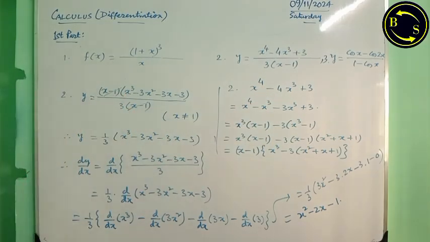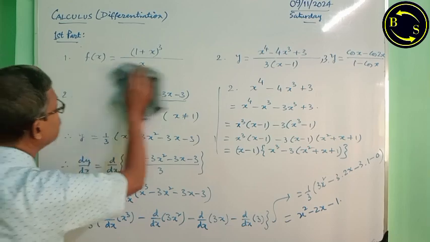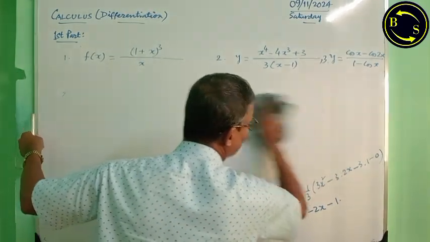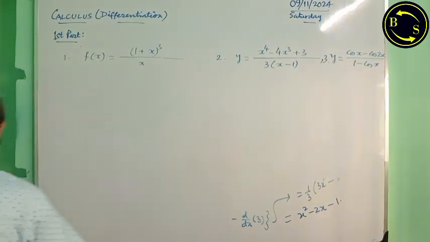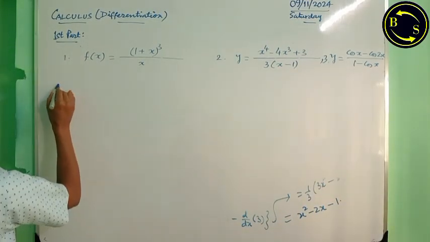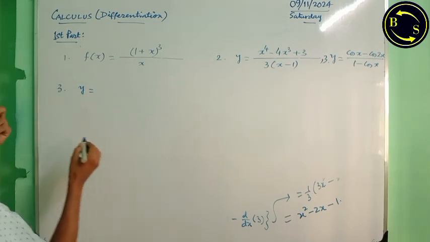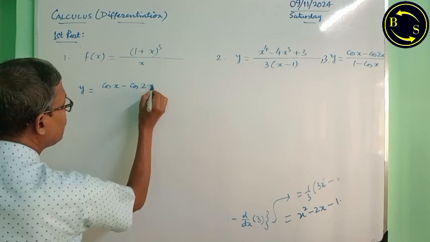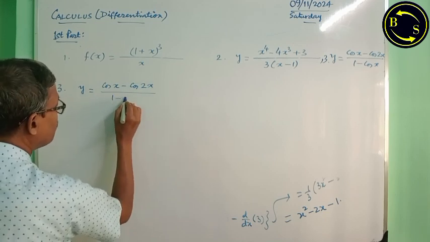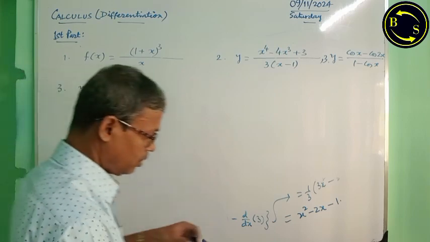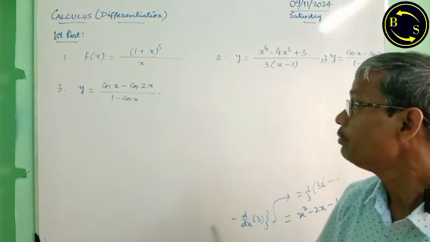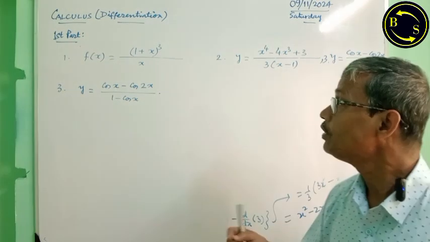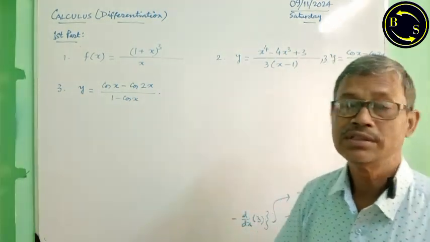Then the last one, number 3, y is equal to cos x minus cos 2x divided by 1 minus cos x. Here we find a trigonometrical function. Now in this case also, you first think whether that can be simplified.